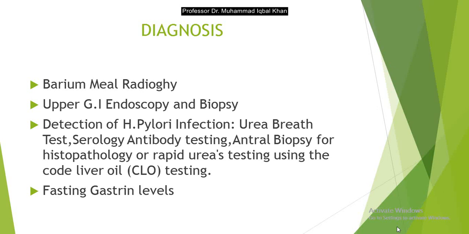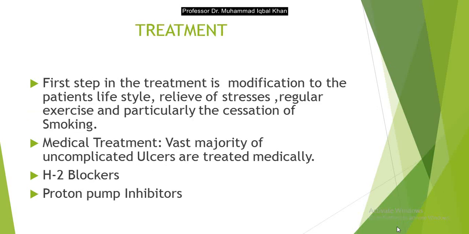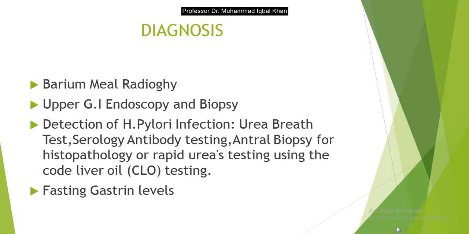Fasting gastric levels. This is performed in the cases where we find that the patient is having multiple ulcers, or an ulcer at an unusual site, or the patient is not able to be treated by the regular medication for the acid peptic disease.